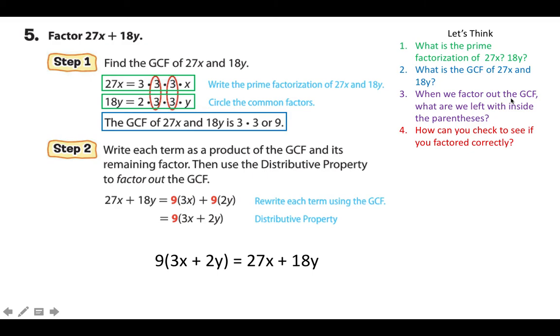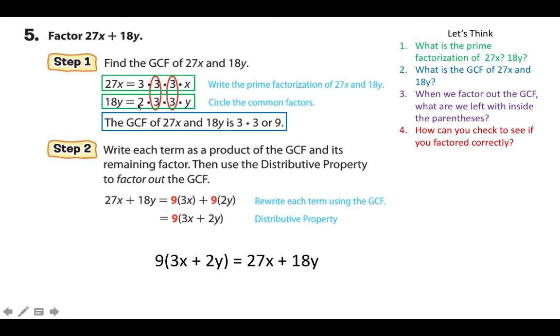Now, when we factor out the GCF, what are we left with inside the parentheses? So let's look at this. If 9 is our greatest common factor, 9 goes into 27 3 times, with that x still remaining. Look up here. We've got a 3 and an x remaining in the prime factorization, so that 3x remains.